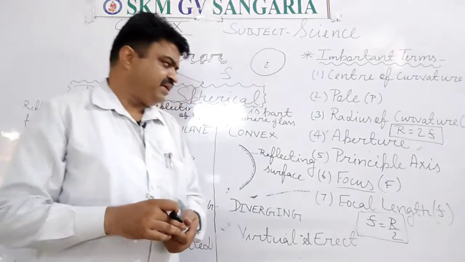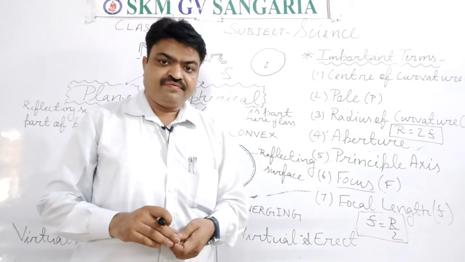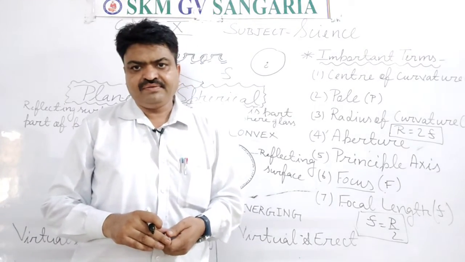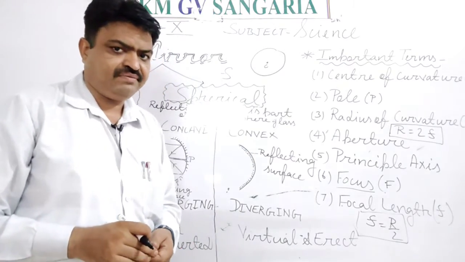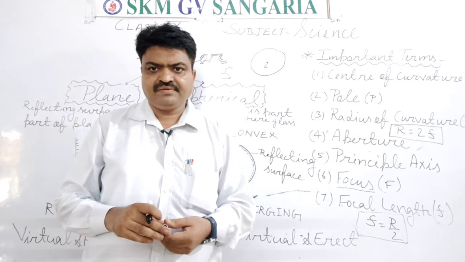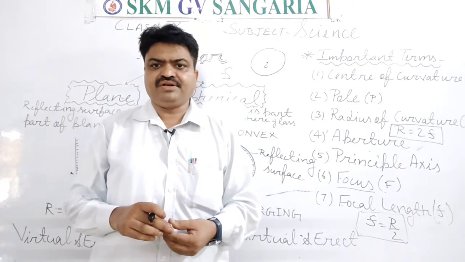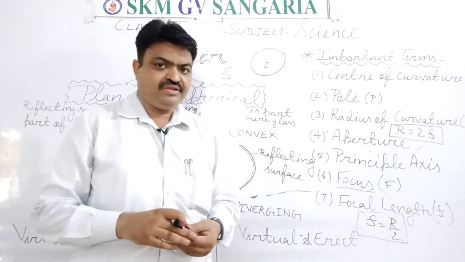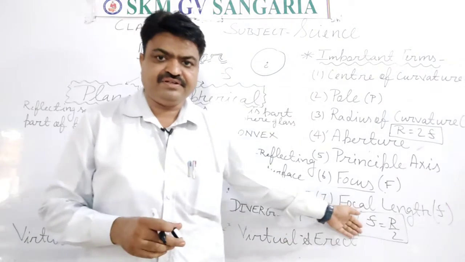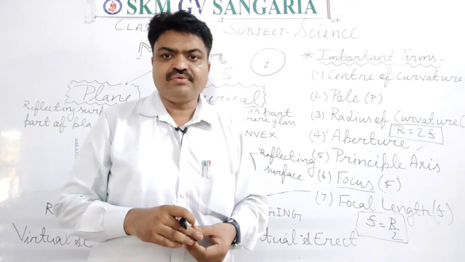Similarly, if the radius of curvature is 5 centimeter, then the focal length will be 2.5 centimeter, student. So try to learn this formula: f equals R upon 2, or R equals 2f.